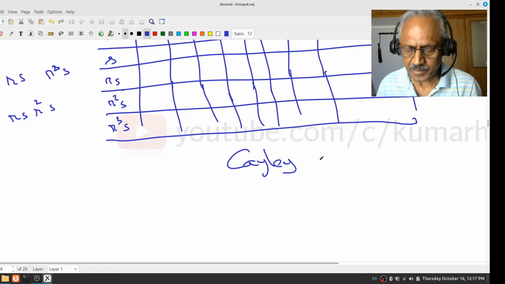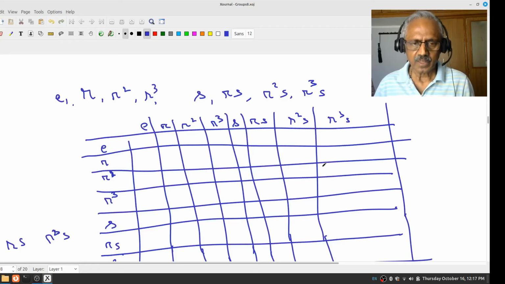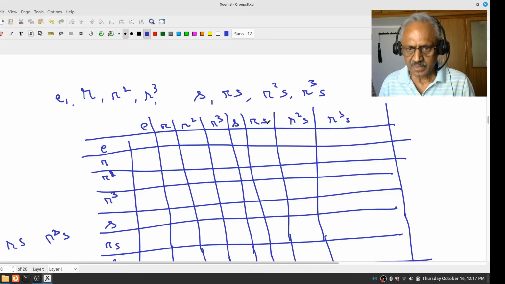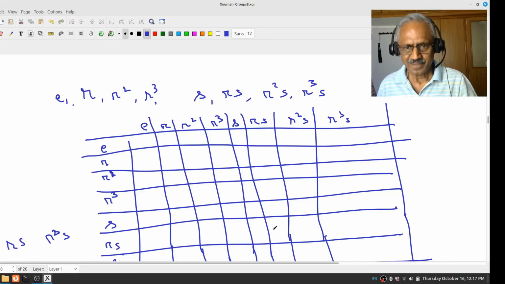Cayley table can be written for any finite group. Call the elements G1 to Gn, take some Gi here, some Gj here. What is Gi dot Gj? That will be yet another Gk, because it's a group. It's a binary operation, therefore it must be closed under the operation.